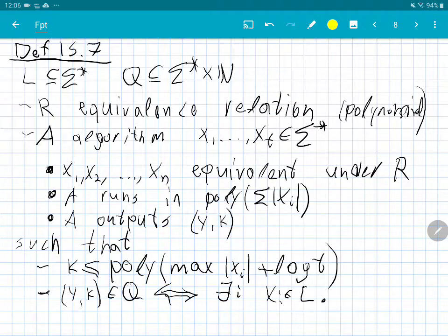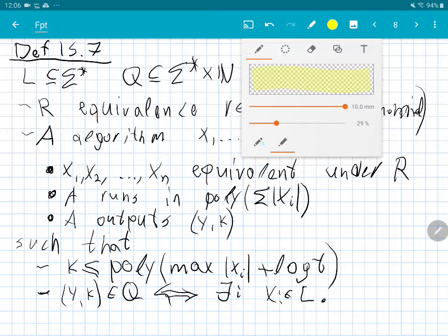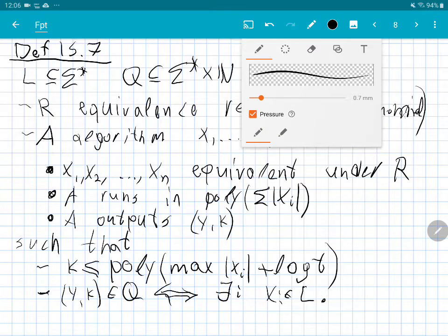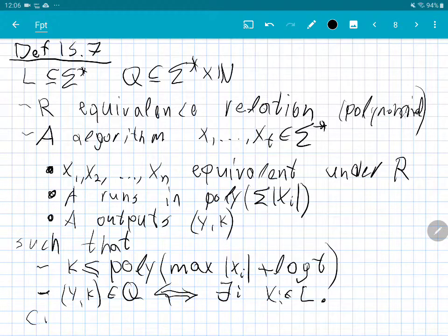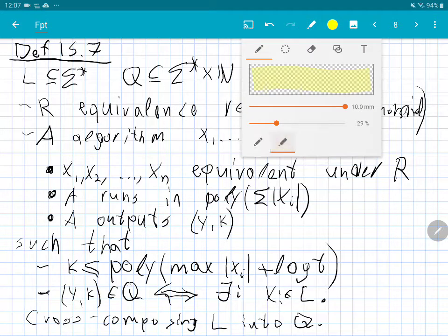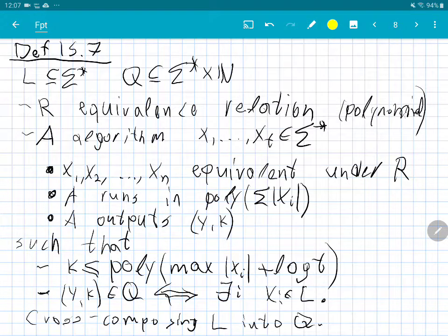It says that we can compose, so this is cross composing L into Q. Okay, so the definition of this cross composability is quite long and complicated, so let's go through it.